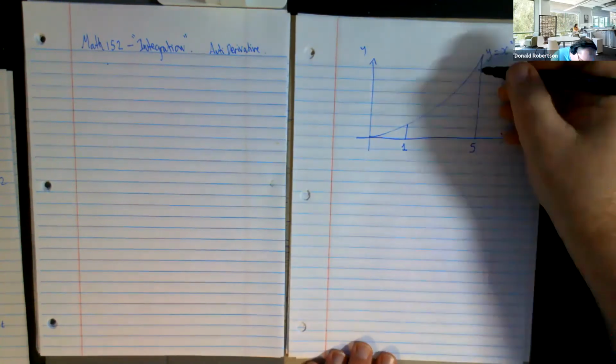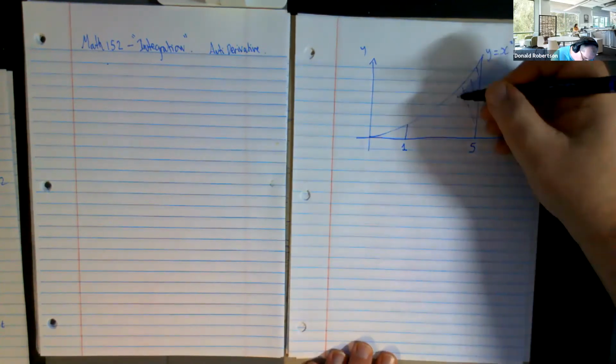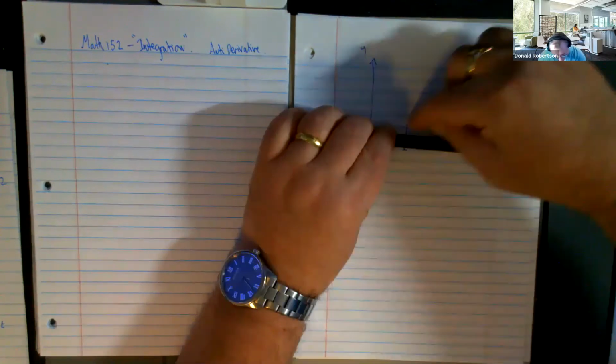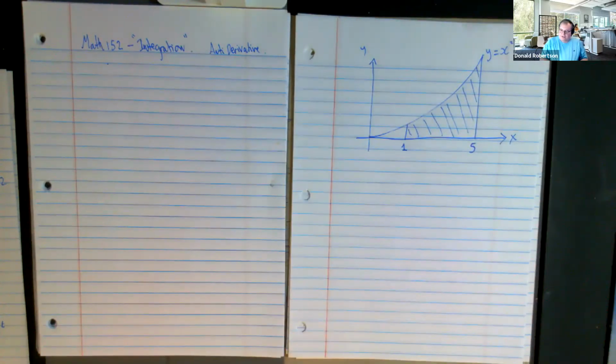And they wanted to know what we call the area under a curve. So it's the area between the x-axis and the curve. So I want to find that area. And I want to try and get the best answer I can.